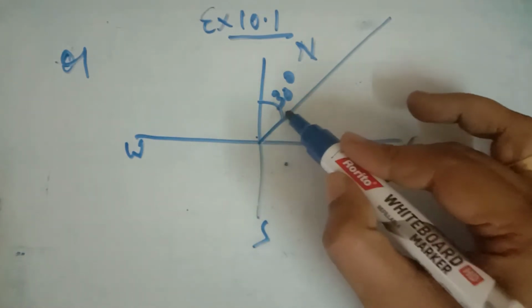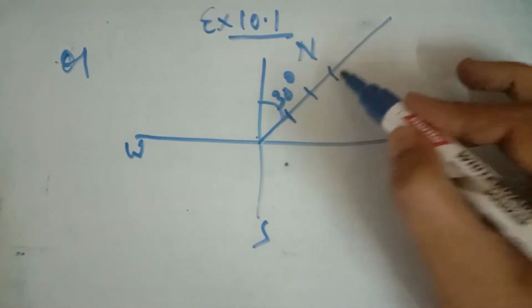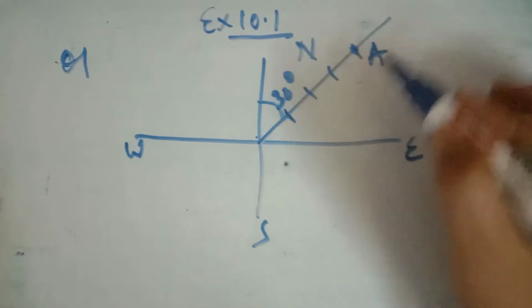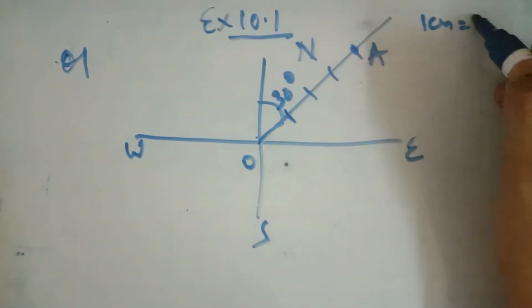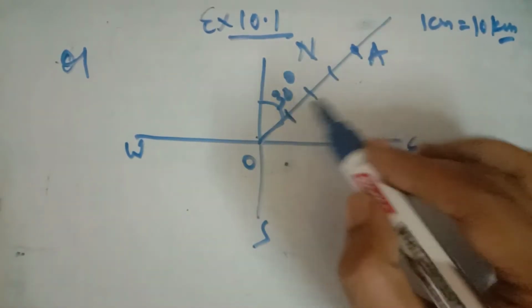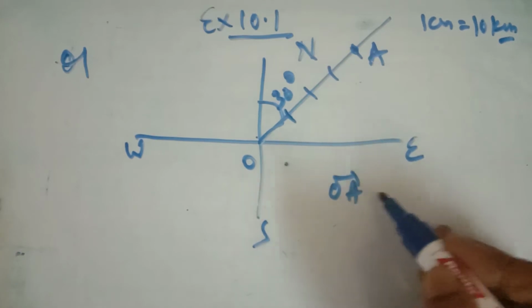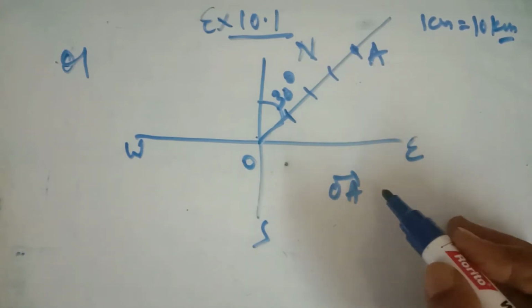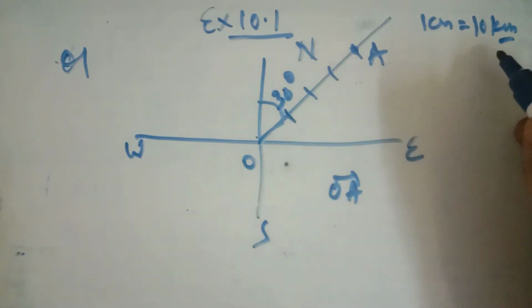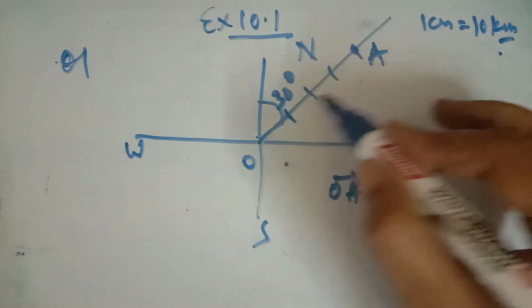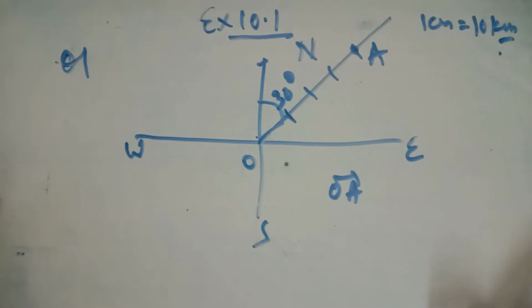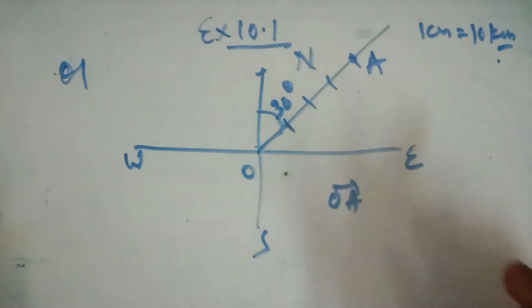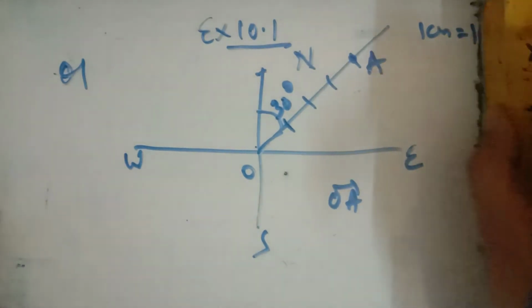If you draw a 4 centimeter line, 1 2 3 4, this is the vector OA, and 1 centimeter we have taken as 10 kilometer. So this vector OA represents the displacement of 40 kilometers 30 degree east of north, like this you can draw 30 degree with the north towards the east.